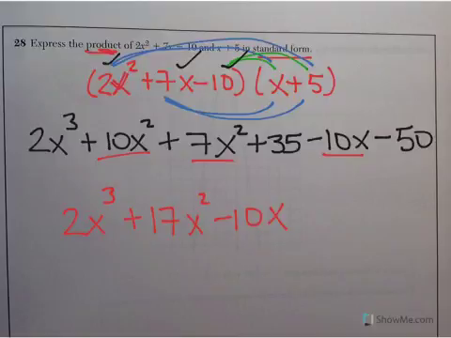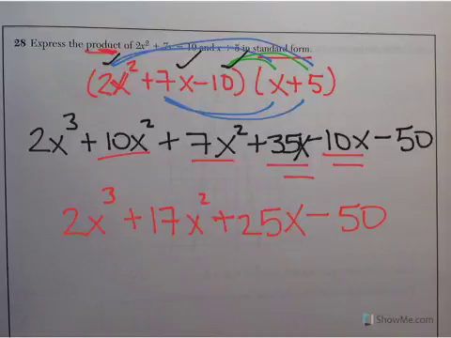Wait, I made a mistake. 7x times 5 is 35x, which means 35x and negative 10x will combine. Good thing I caught that. So 35x minus 10x is a positive 25x, and then I have minus 50 at the end. So this is my final answer.